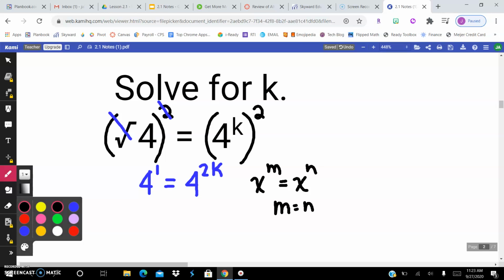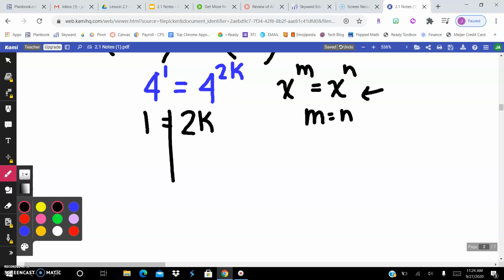So if I use this little rule over here, I can simplify this down to just the exponents: 1 equals 2 to the k power. And then I can use an upside down T to solve. This is 2 times k, so the opposite would be to divide by 2.